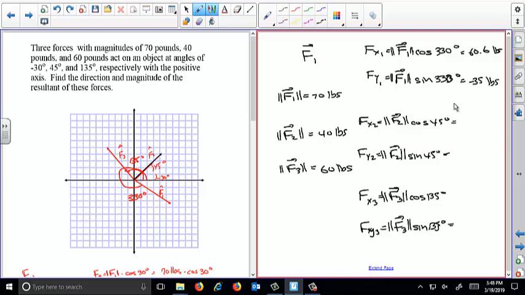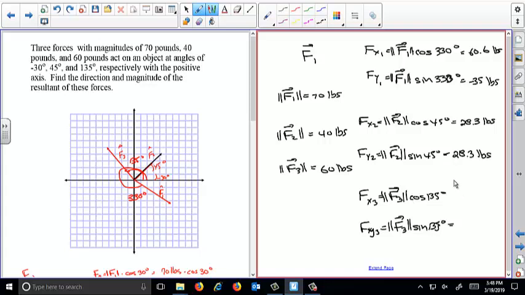Then I take the second one, which is 40, F2 times the cosine of 45, which is 28.3 pounds. And it's going to be the same for the sine because the sine and cosine of 45 are the same.